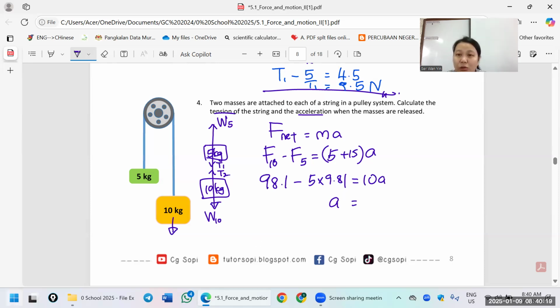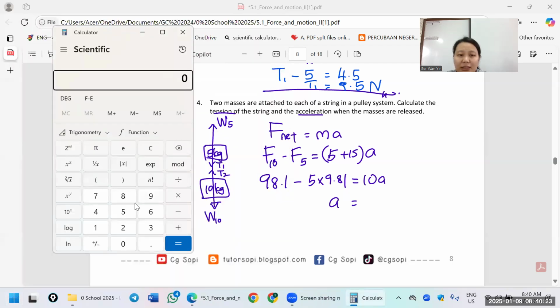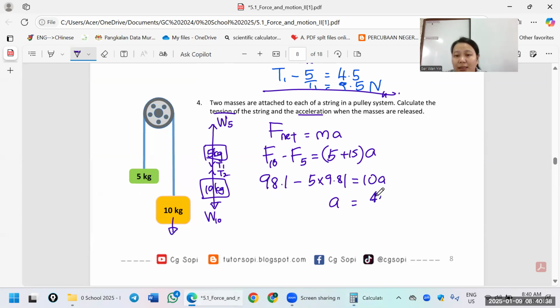48.6, okay, 48.6 divided by 10. So A equals to 4.86 meter per second per second.